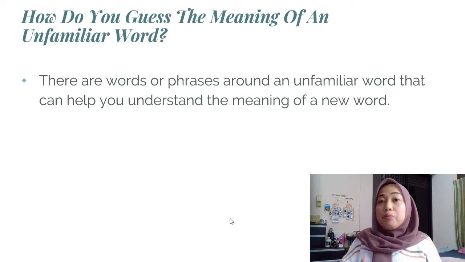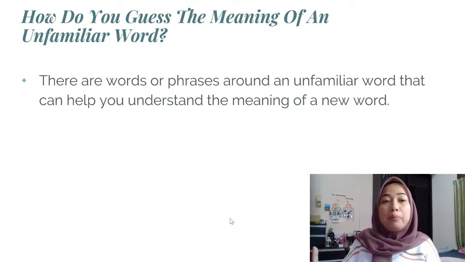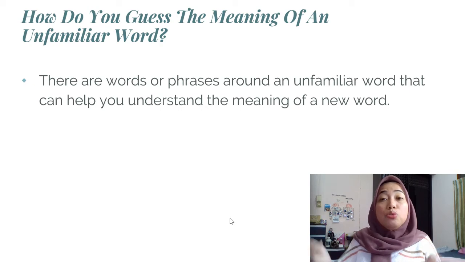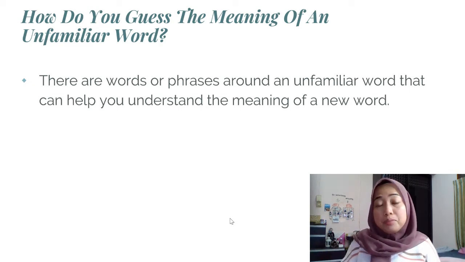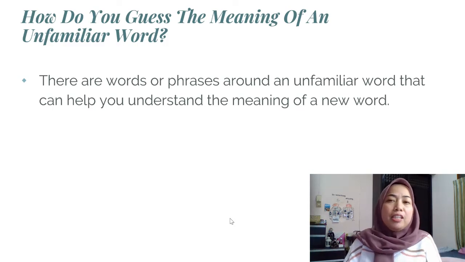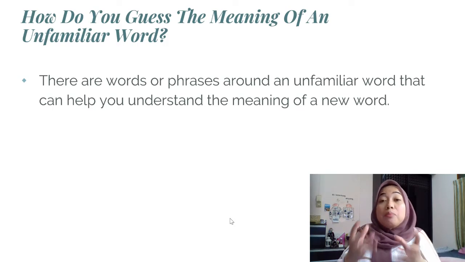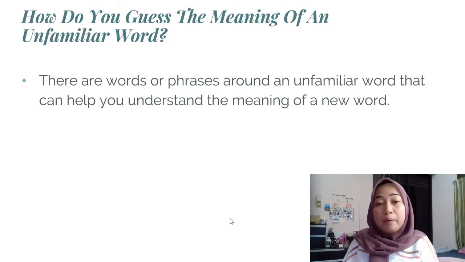When you read books, when you go to a bookstore, or even when you read a newspaper, there could be words or phrases that you do not know, and it's completely normal because English is not our first language. Even if English is our first language, there will always be new words that you might not know.